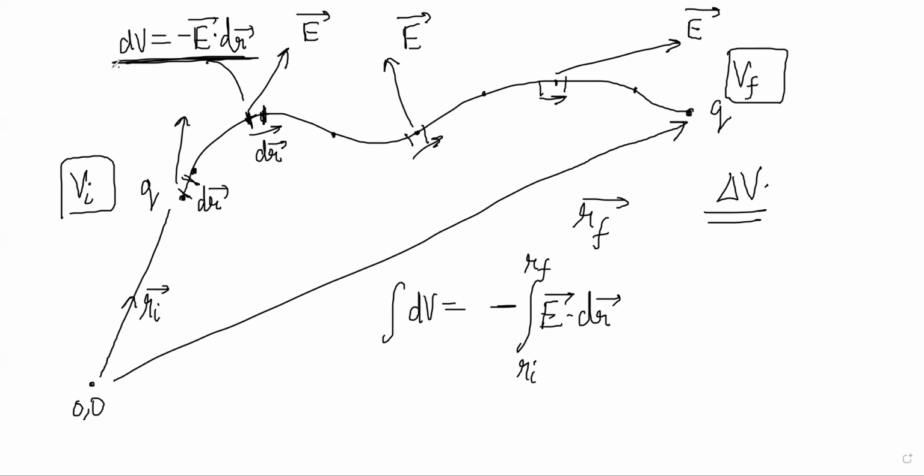So if you are able to find potential properly, then you can use this result to get the field indirectly. Say there is a charge distribution, and due to that charge distribution you need to find the field at a point. Let's say there's a random charge distribution, some charges are here and so on, and due to that you want to find the field here.